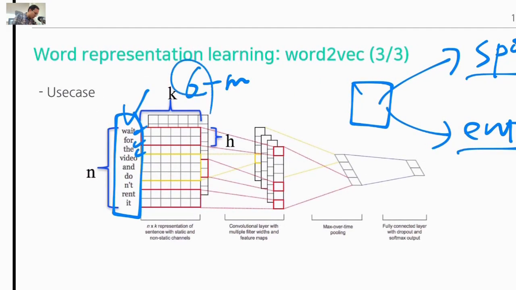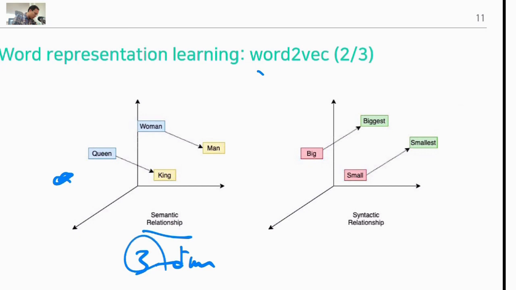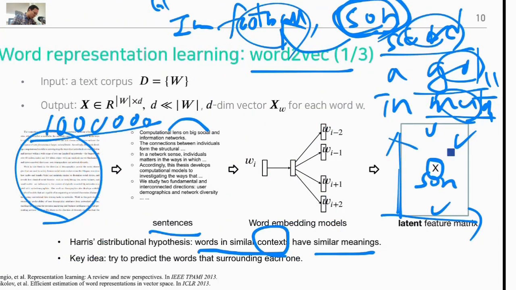So six and three are hyperparameters. To learn the representation, we predefine the size of the representation. In this case, we defined the size as D, something like this.